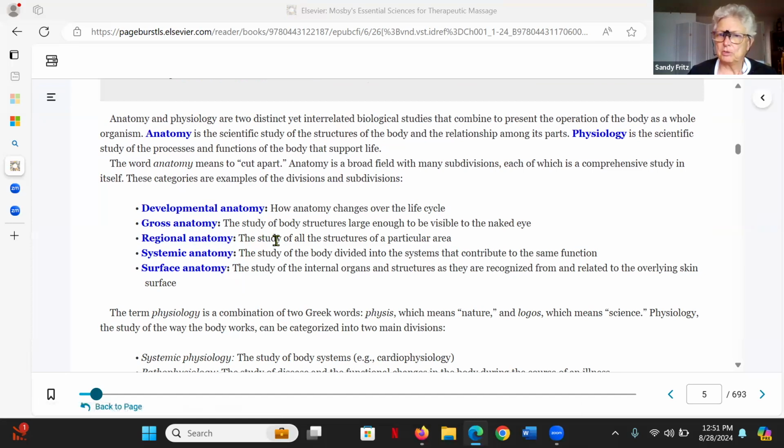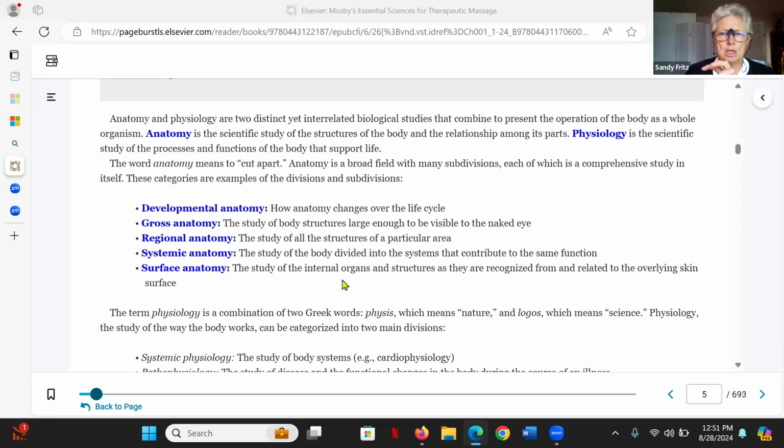Now, let's look at regional anatomy here for an example. In a multiple choice question, it might be something like, the massage therapist focuses on the shoulder girdle area during the massage session for the client.